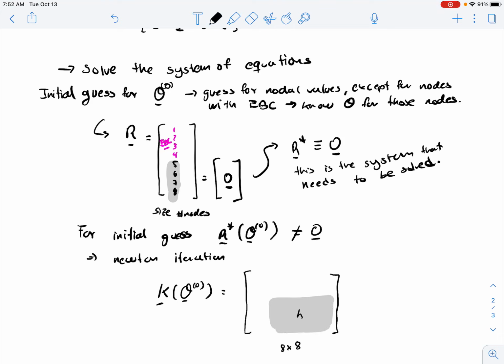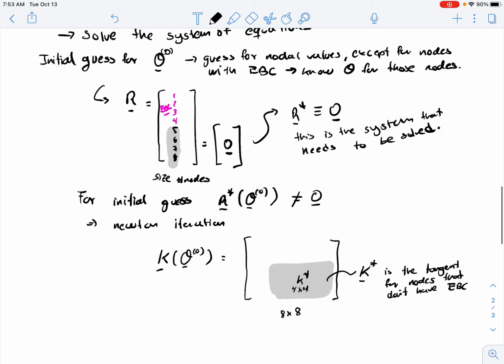So I'm going to take a subset out of that, which is my K star, which is in this case 4 by 4. K star is the tangent, so rows and columns for nodes that don't have essential boundary conditions.